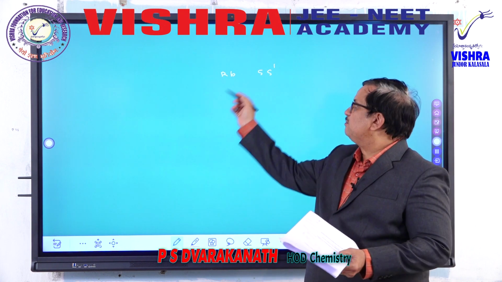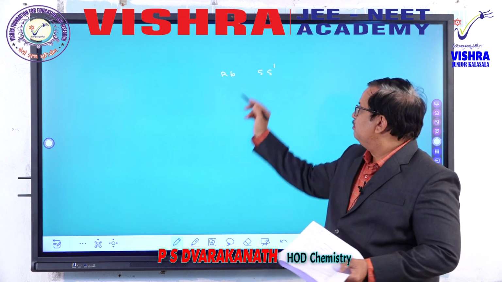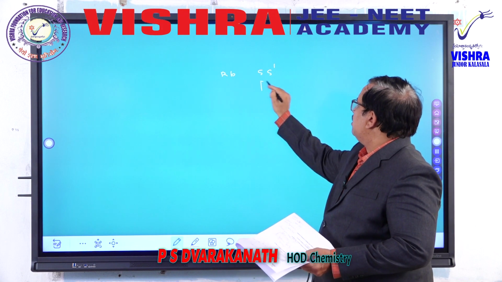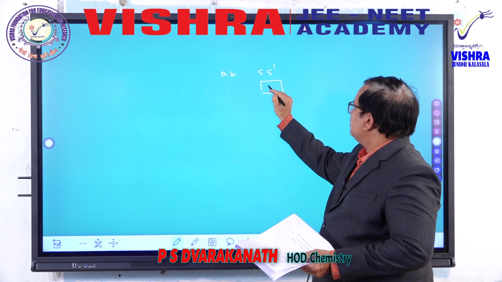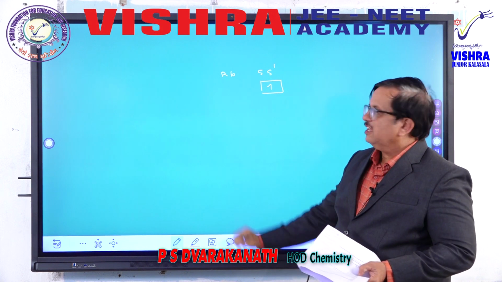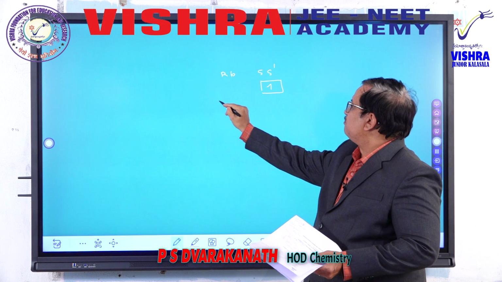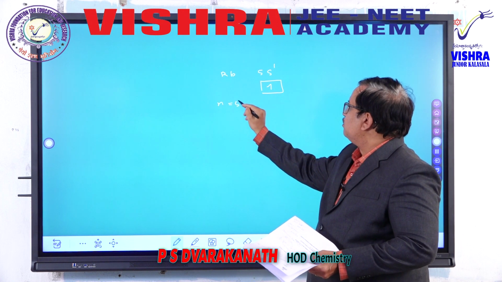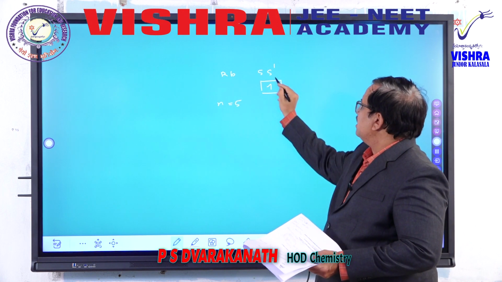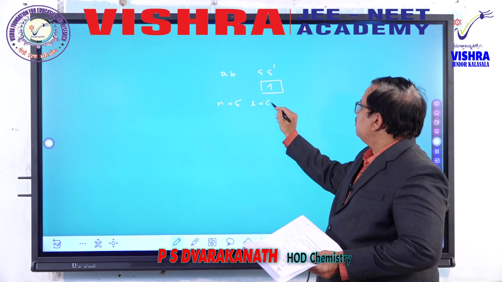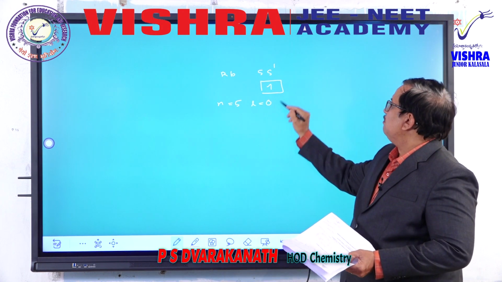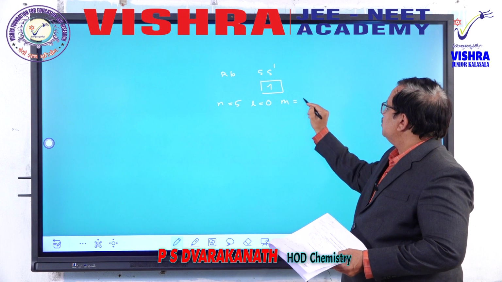In the options they might have given different ones. If you look at the configuration, then you are able to recollect the principal quantum number. Here the electron is present in the 5s sublevel, therefore n is equal to 5, and for s, l is equal to 0 and m is equal to 0.